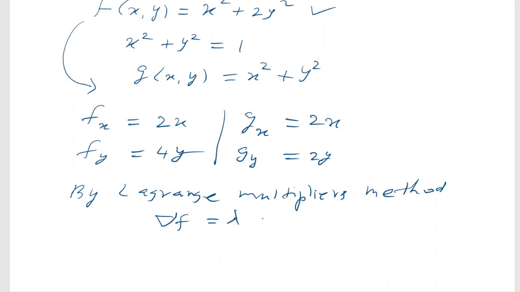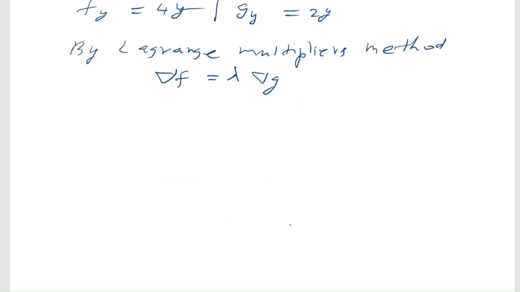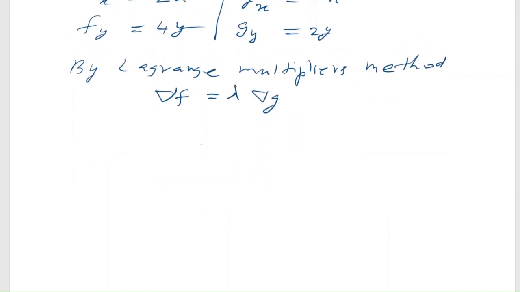Lambda is called the Lagrange multiplier. So del f equals lambda into del g. The meaning of this is f_x equal to lambda into g_x and f_y equal to lambda into g_y.